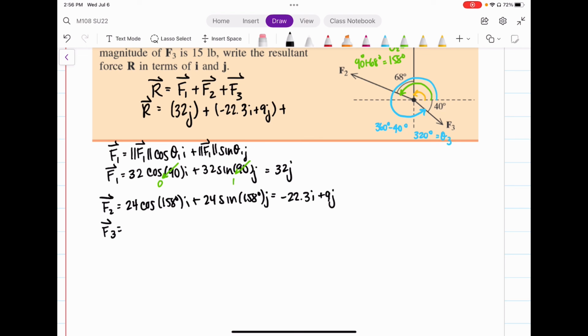Force vector 3 is 15 pounds with a theta angle of 320 degrees. Force vector 3 is then 11.5 i minus 9.6 j.